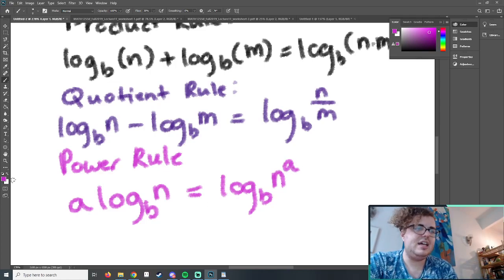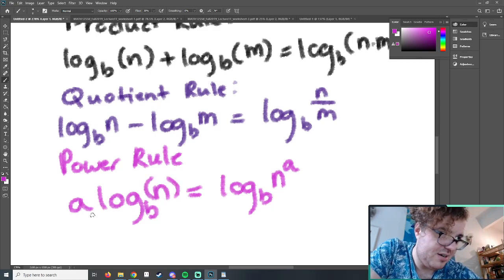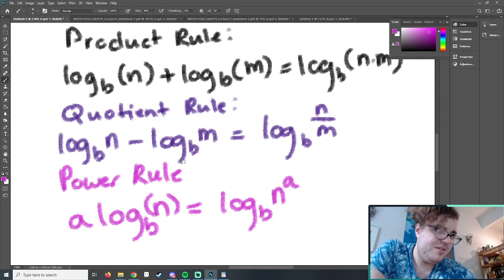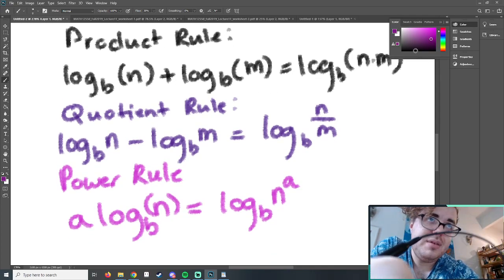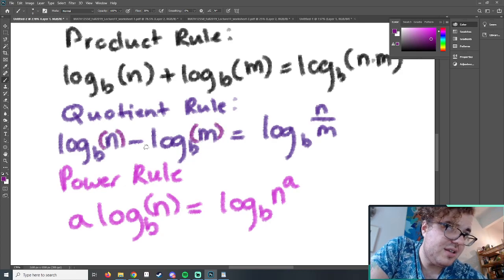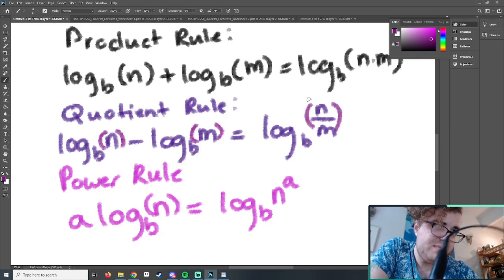So again, here, this is the argument. We're not usually allowed to mess with the argument from the outside, but these three rules are rules about how you can, right? So the quotient rule says that if you have two different logarithms subtracted, you can make them into a logarithm of those two arguments divided by each other.